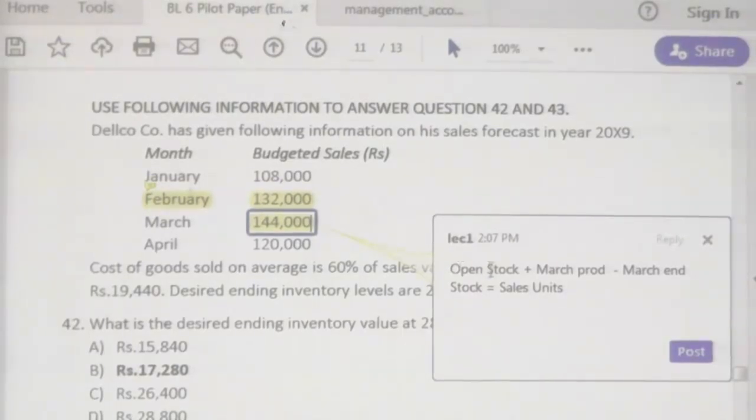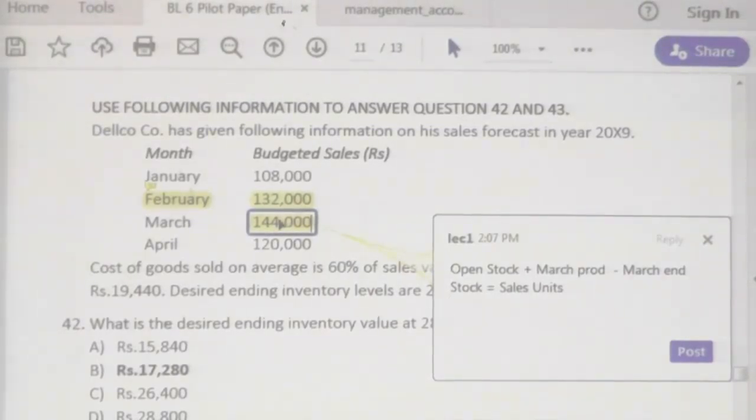If you take the open inventory of March plus March production minus March end stock, you get the sales units of March. Now here you have the sales units of March. Clear? This is the sales unit of March.